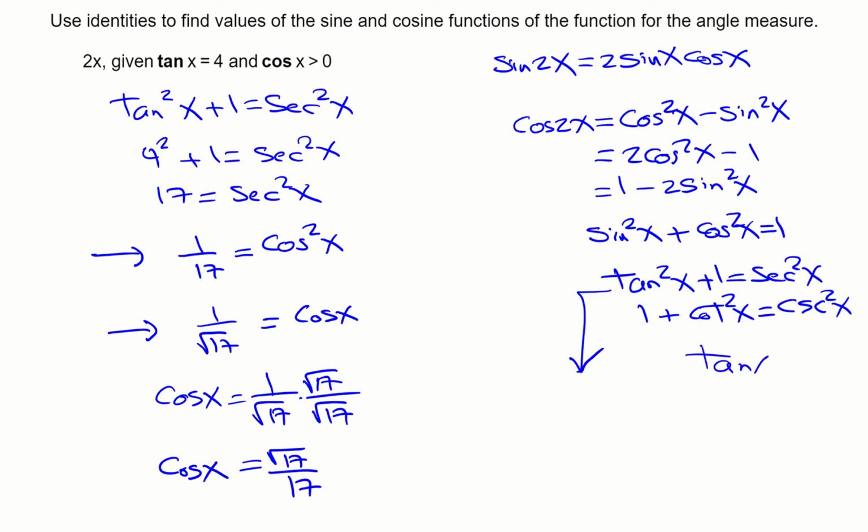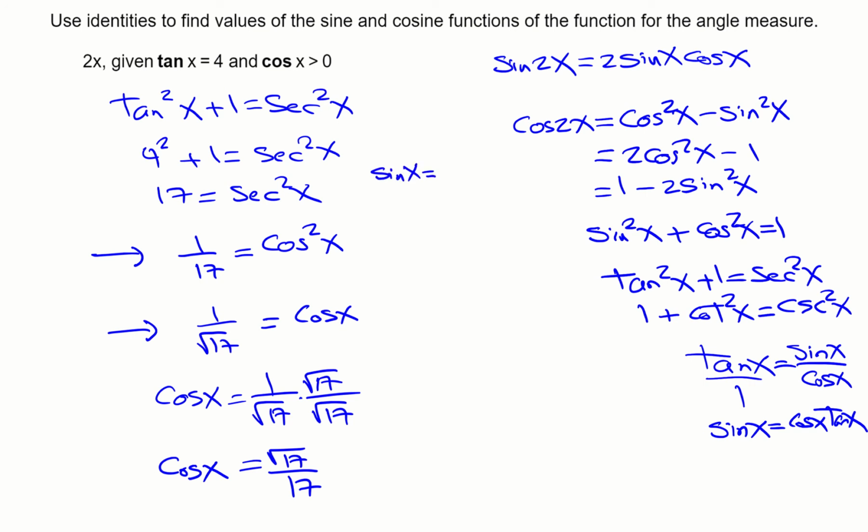We know that the tangent of an angle is the sine of the angle divided by the cosine of the angle. So if we solve this equation that I just wrote down, think of there as being a 1 there and cross multiply, so you get sine x equals cosine x tangent x. So that means we can find sine x by multiplying cosine x, which we now possess, by tangent x, which we also possess.